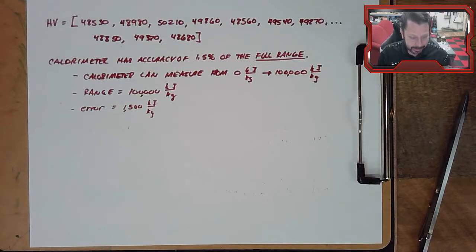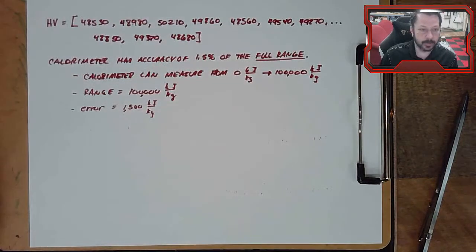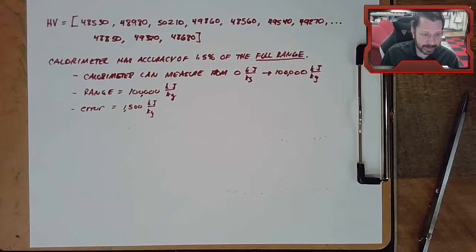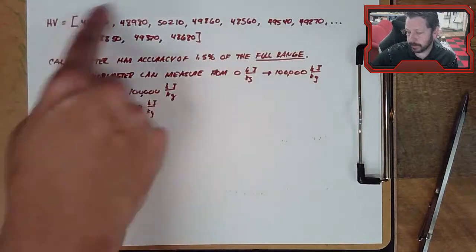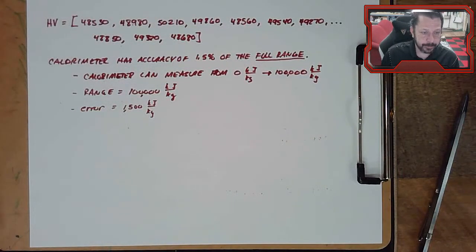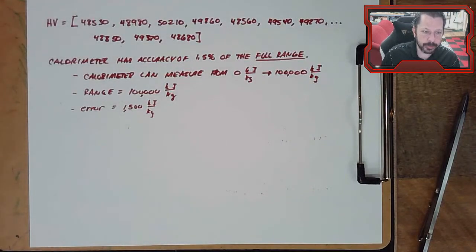All right, what we're going to calculate is the random uncertainty for each measurement. So for each one of the 10 measurements, what's the random uncertainty? Then we're going to find the random uncertainty for the group of measurements, taking them as an entire group, and assume that it's a large group that has a standard deviation that equals this.